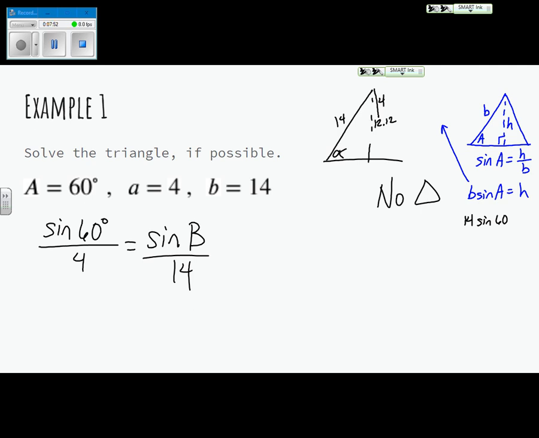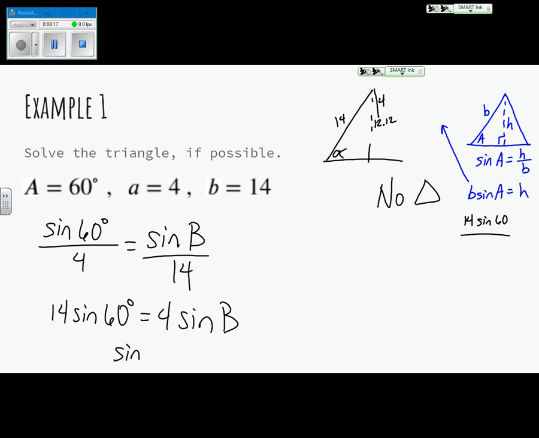If I work this, I get 14 sine of 60. That sound familiar? Equals 4 sine of B. Then I divide both sides by 4. So I get 14 times sine of 60 degrees divided by 4. I get 3.03.